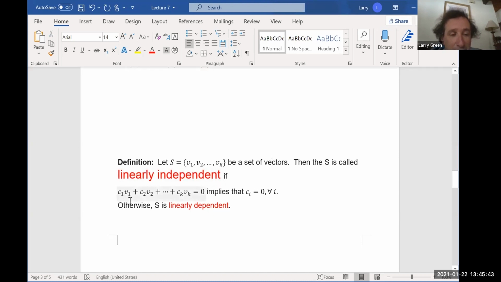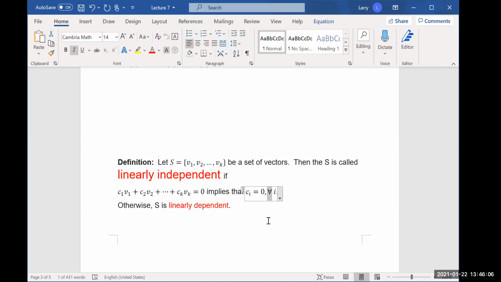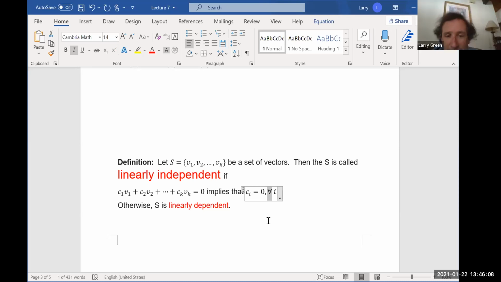If C1V1 plus C2V2 plus ... CKVK equals 0 implies that Ci is equal to 0 for every i. And just a note, because I'm guessing that not everyone knows that symbol. How many of you don't know that symbol? Okay, so it's an upside down A. Because we're going to be using it a lot, I want you to know the symbol.